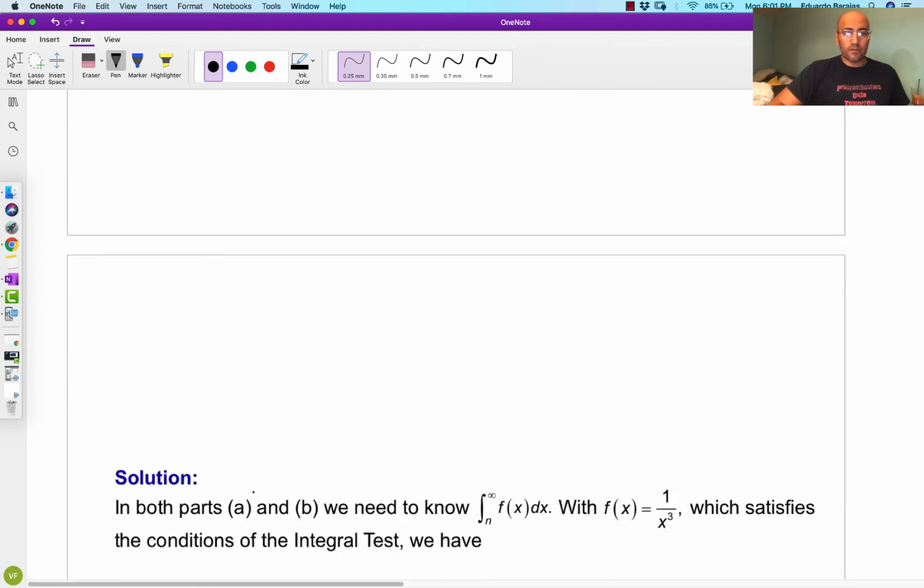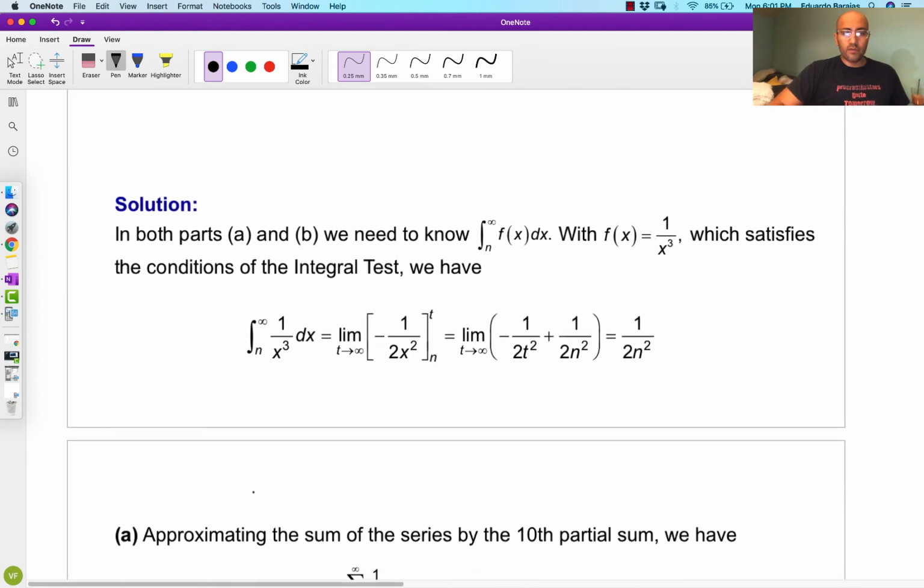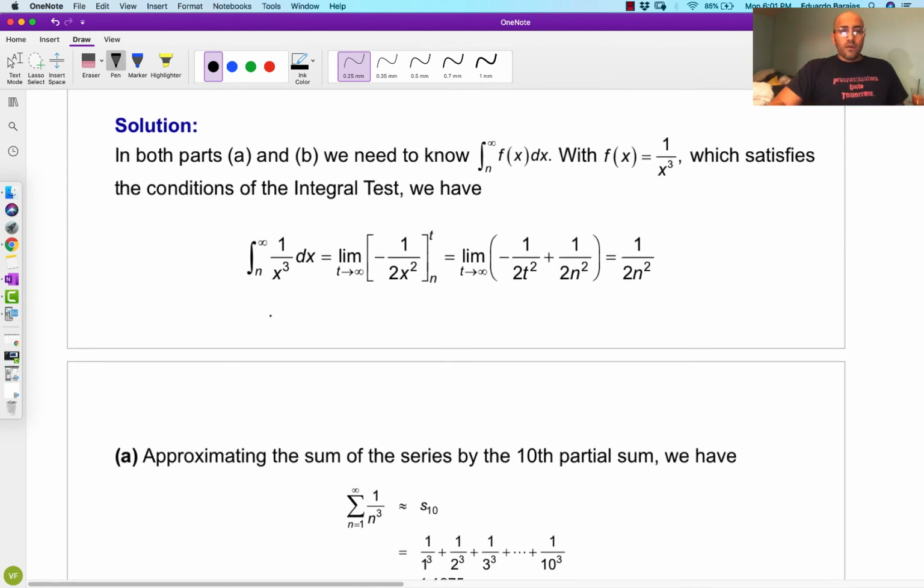Let's go down here. Let's see what the author did. Okay, the integral from n to infinity of 1 over x cubed dx equals the limit as t goes to infinity of 1 over 2x squared. Okay, same thing as me. So we end up with this.